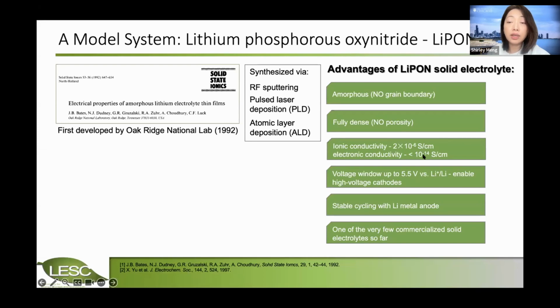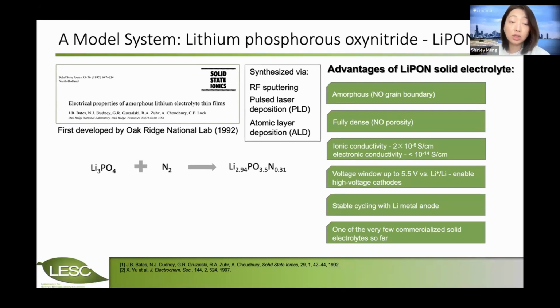The electronic conductivity is extremely low, indicating this is a really good single ion conductor. And on the voltage window, I will show you that we have reproduced everything Dr. Nancy Dudney's team has done before, and it's stable cycling with lithium metal. However, there are very few commercialized solid electrolytes as successful as LiPON.